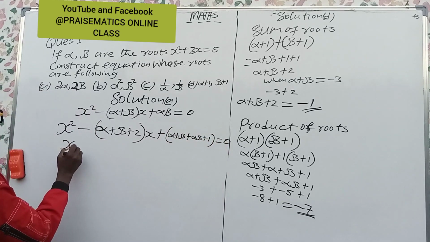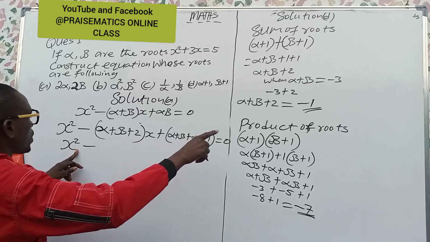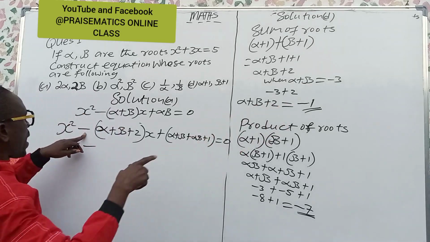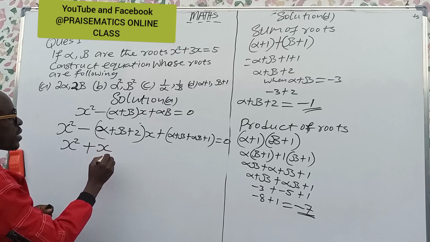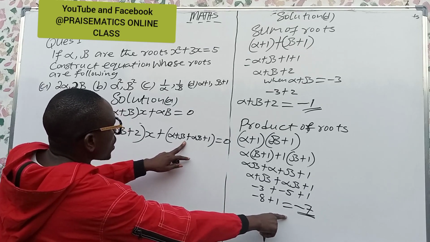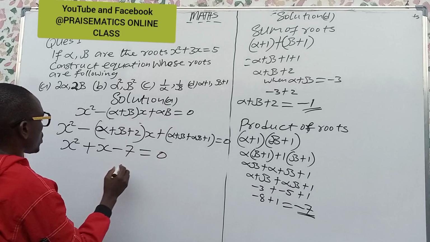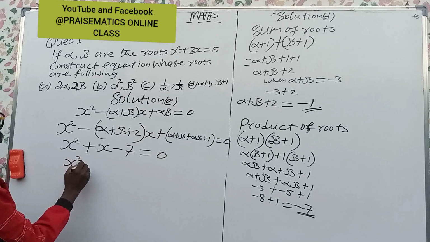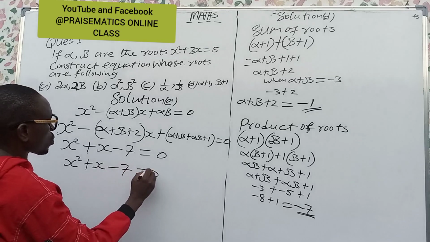Finally, x squared minus minus 1, we turn to plus, x, and substituting here we get minus 7 equal to 0. Finally, x squared plus x minus 7 equal to 0.